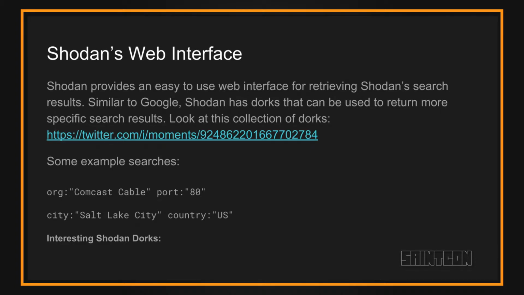Shodan has some nice features where you can export all of these results into a PDF or a CSV, and then you can start chopping the results up as you need to. Another one is city Salt Lake City, country US. These Shodan dorks are really helpful for narrowing down your searches.